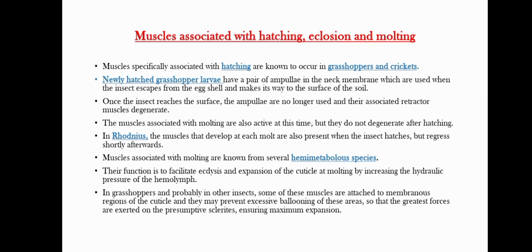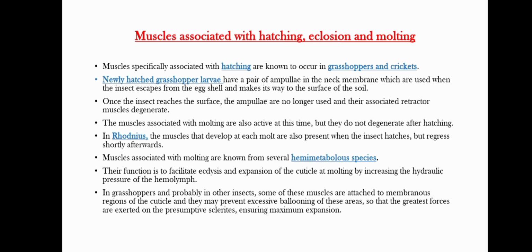Their use is no longer needed when the insect reaches the surface, so their associated retractor muscles degenerate after the insect reaches the surface. The muscles associated with molting are also active at this time, but they do not degenerate after hatching.